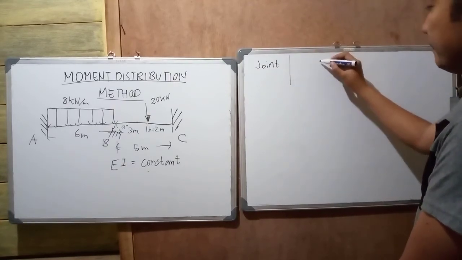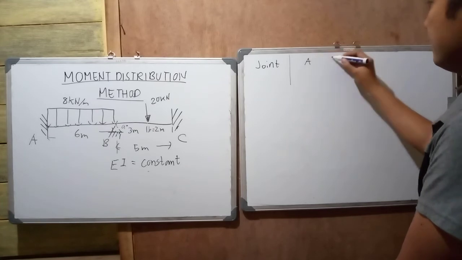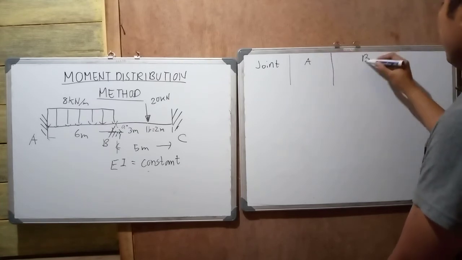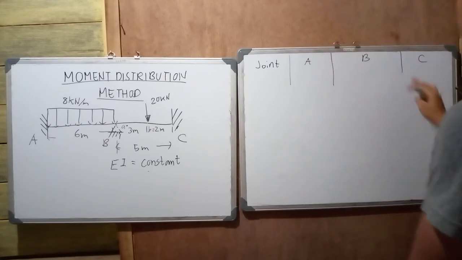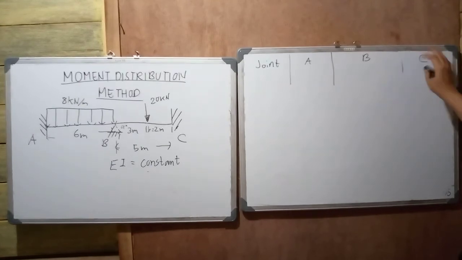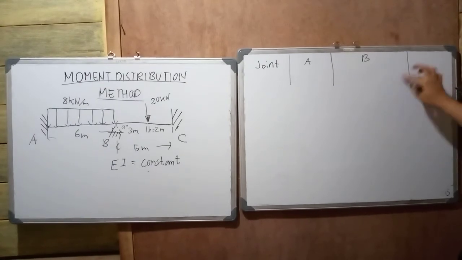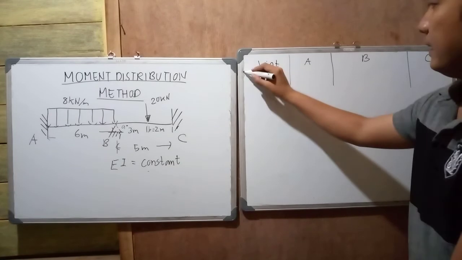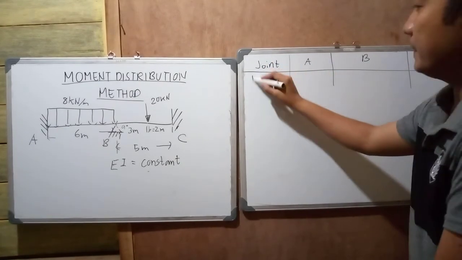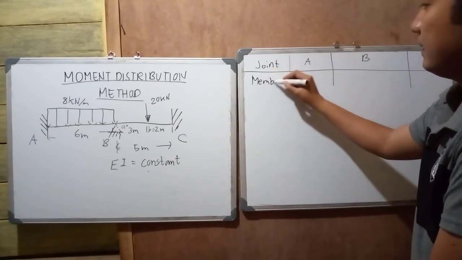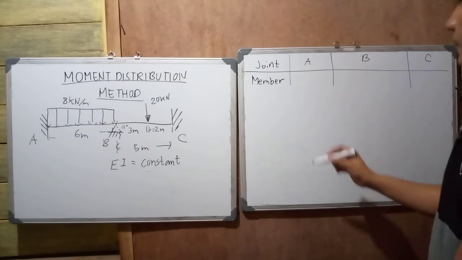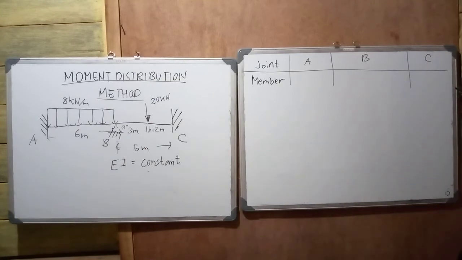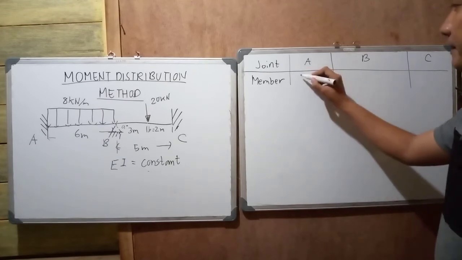We have A, then B, and then C. Okay? Lagyan natin, okay, C. And then, lagay natin, meron tayong mga member. Okay? So, yung member natin is si AB.